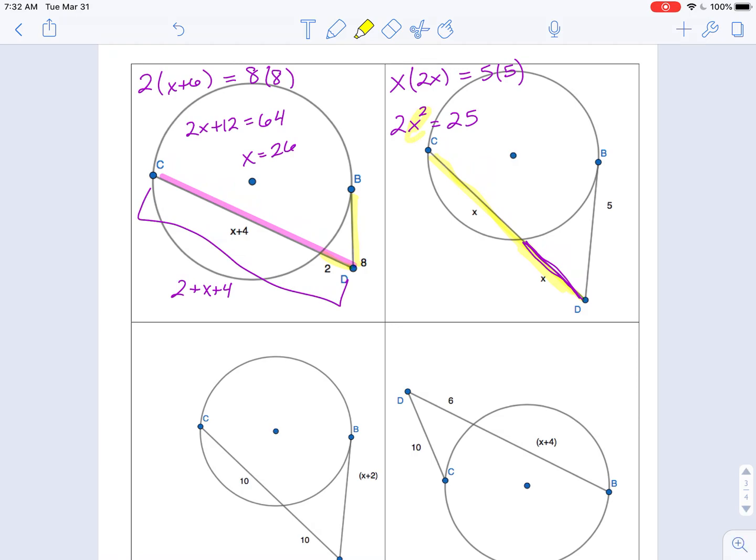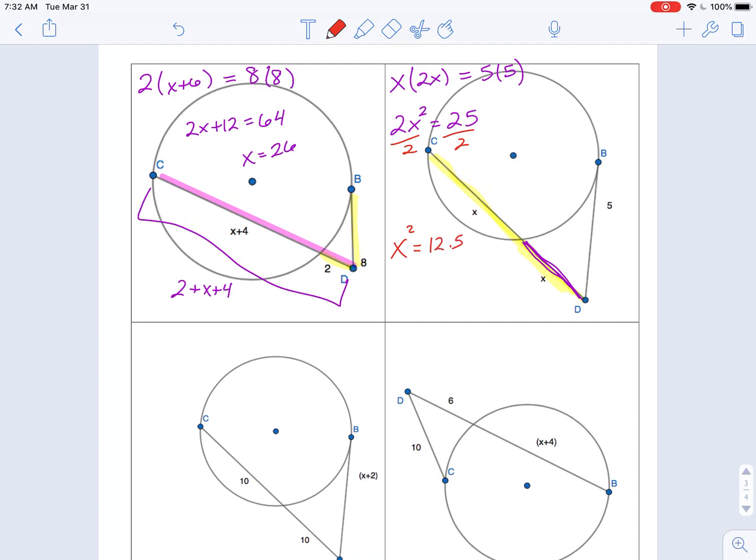And how in the world do I solve this particular equation? Well, what am I trying to solve for? I'm trying to solve for x. And what do I need to get rid of that's with this x squared? Well, I need to get rid of this 2 somehow. So I can divide the 2 off.